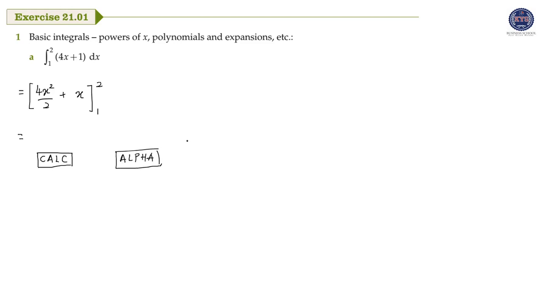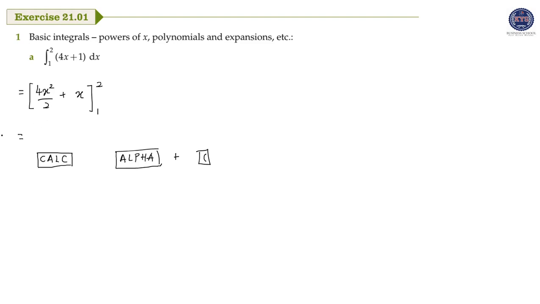Let's say I choose the alphabet for X, which is you have to use the open bracket symbol, and it will appear as an X. The reason why we use this CALC is because I want to copy the result of integration.